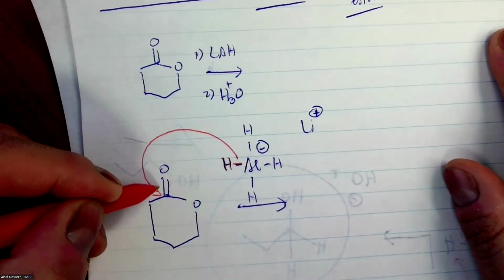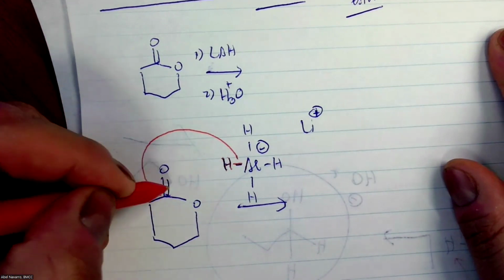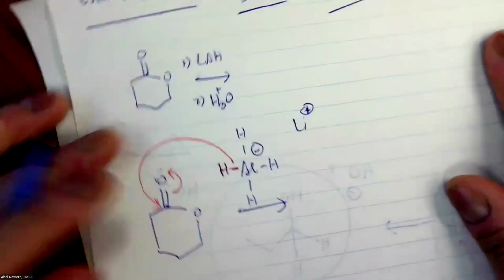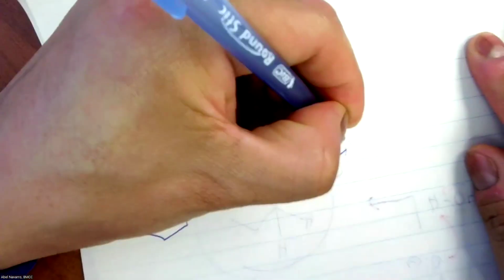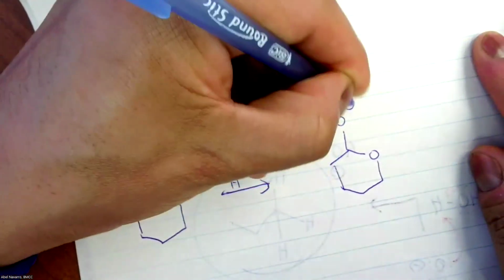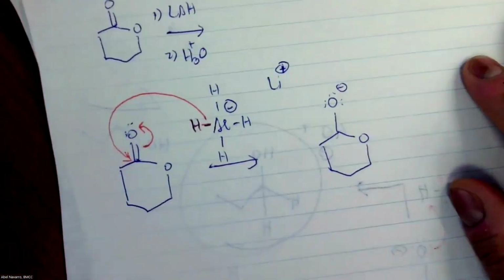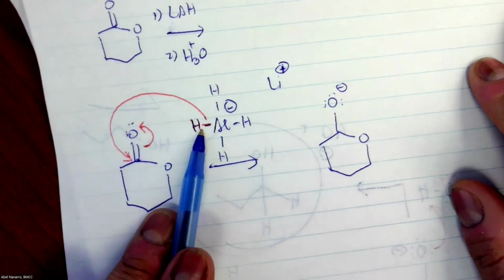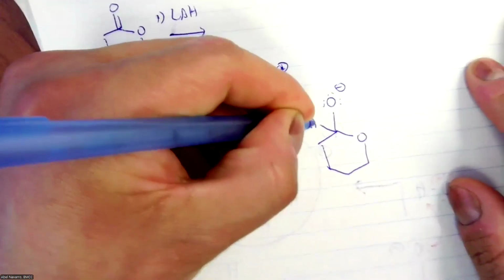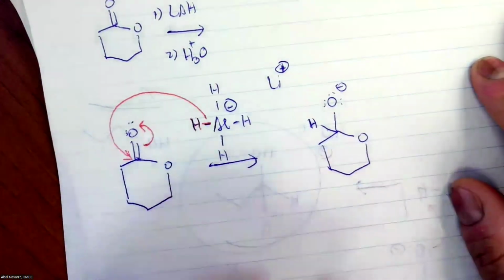This carbon breaks the octet, so if it takes those electrons, that's why it pushes them to the oxygen. Next, this H in red is added to the carbon. 1, 2, 3, 4. Okay, we're good with the octet.